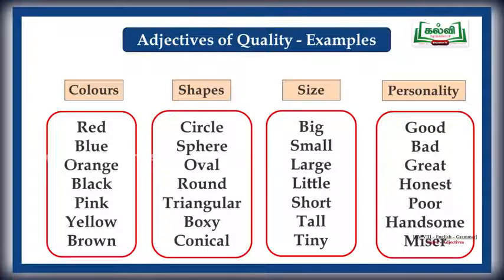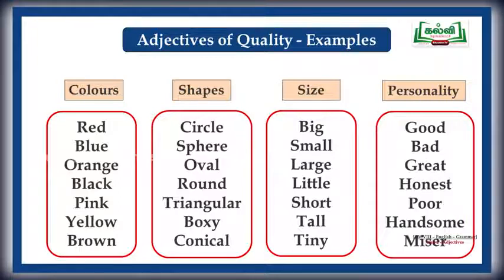Then let us see about size. Big, small, large, little, short, tall, tiny. These words describe the size of something. Then when we are talking about personality, we can say he is a good man, he is a bad boy.